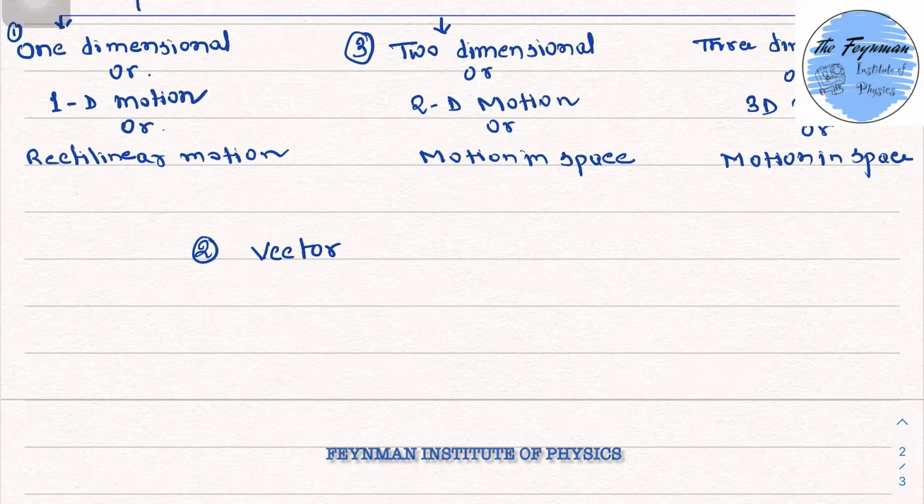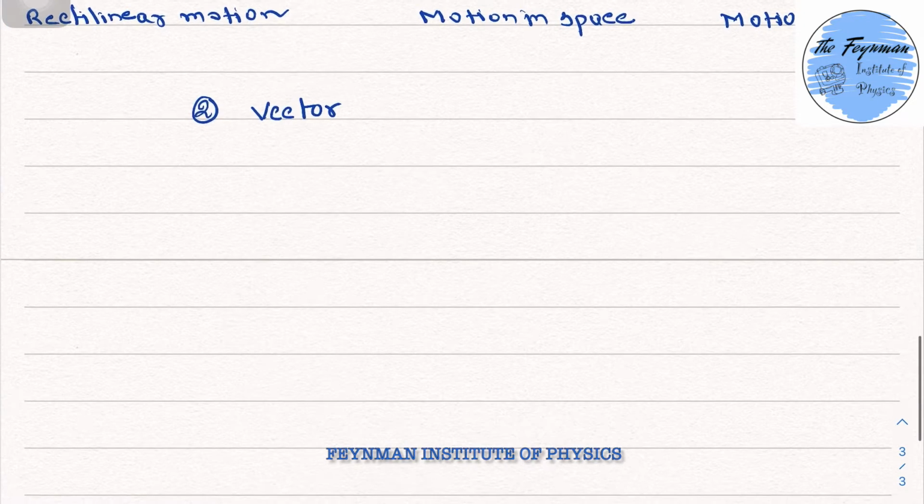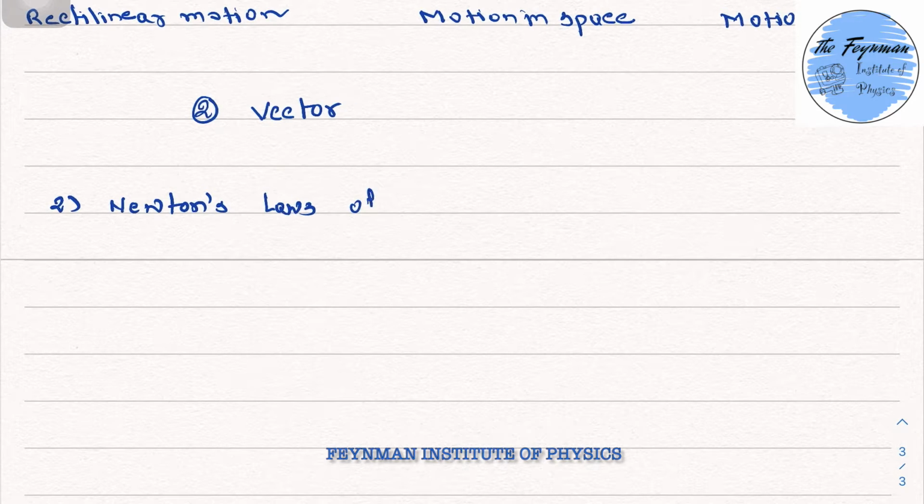Now once we have mastered the art of measuring the motion of a particle and expressing it, we will move to the reason behind the motion. So we have Newton's laws of dynamics as our second module.